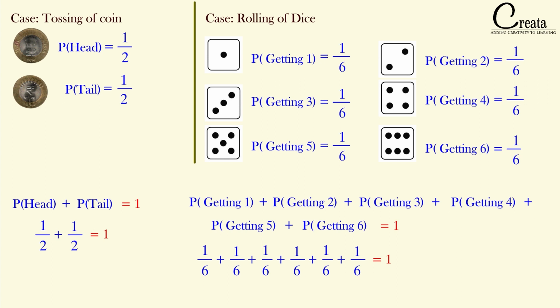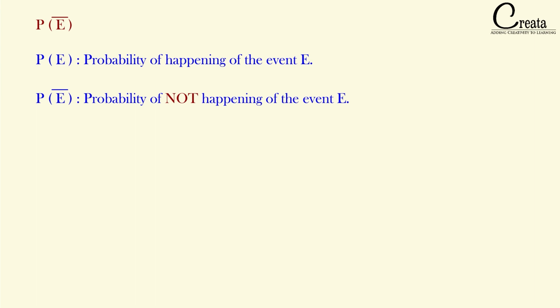Got it? The second observation that we have got is P(E bar), which is also known as the probability of not happening of that event, or P(not E). For example, if we have to calculate the probability of no tail event, then we can write it as P(tail) in brackets with a bar. The bar denotes not, that is, not tail event.